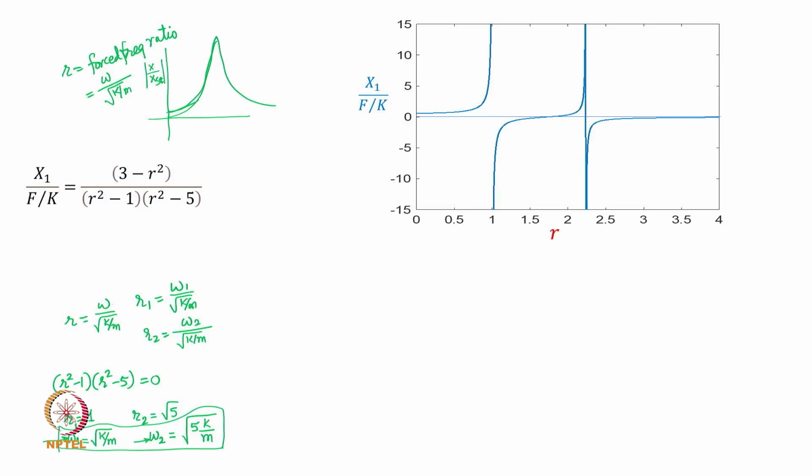Because after resonance, if you look at x over xst for the undamped case, 1 over 1 minus r square, when r increases beyond 1, the whole ratio will turn out to be negative, right? But we plotted this as an absolute value because we are interested in amplitude, not so much in the phase or whether it is positive or negative, right? The amplitude is more important than the phase mostly.